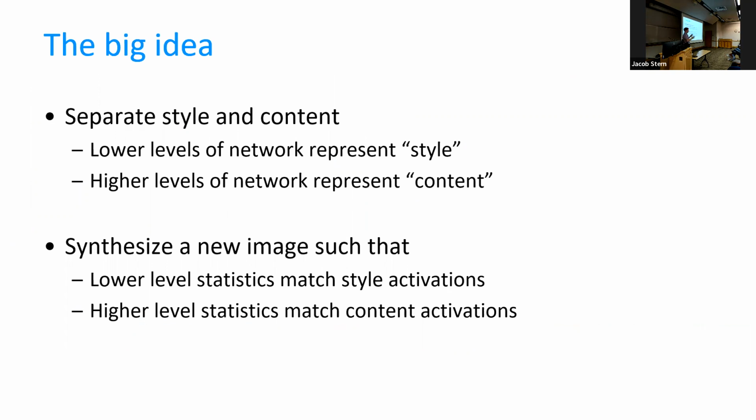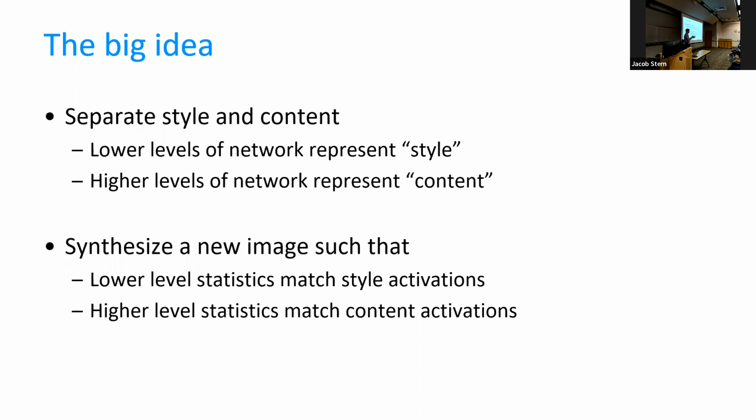If you remember, we've talked a lot about lower level coarse grain features and higher level abstract features. And so the intuition here is that we're going to have an already trained neural network, and we're going to pass an image through it and extract coarse grain features at the earliest layers, which will represent style.